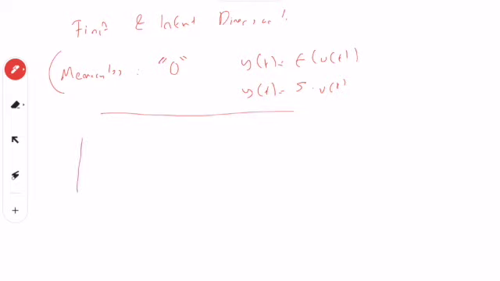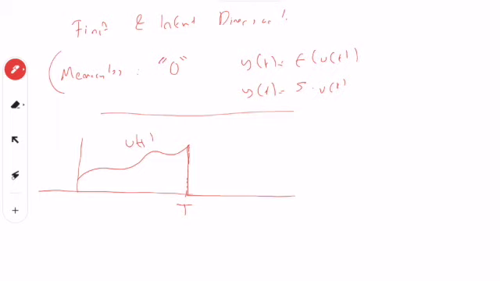I have an experiment, and let's assume that my input is causal, my system is causal, and this is my input, u of t, against the time instant. So until capital T, it has a value. Other than that, it's 0.